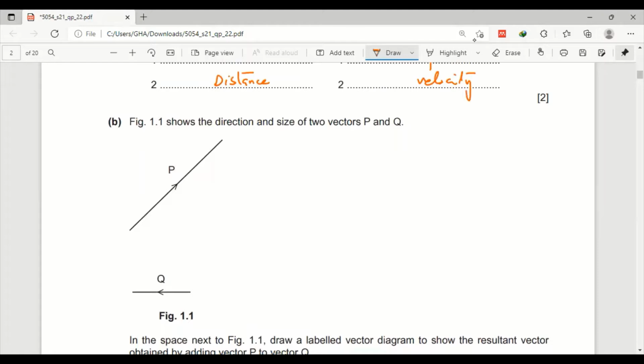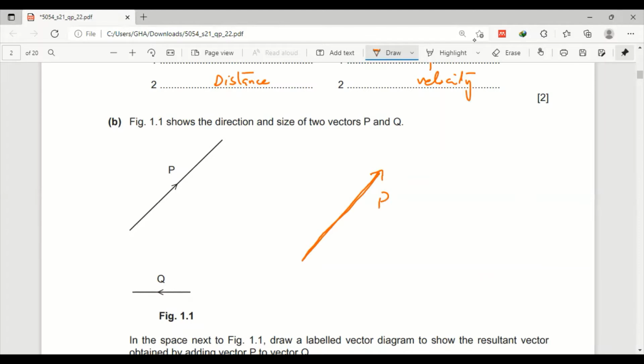So first, you have to measure the length of this vector P. You have to draw a parallel line to this of the same length, using the scale. This is the P vector.